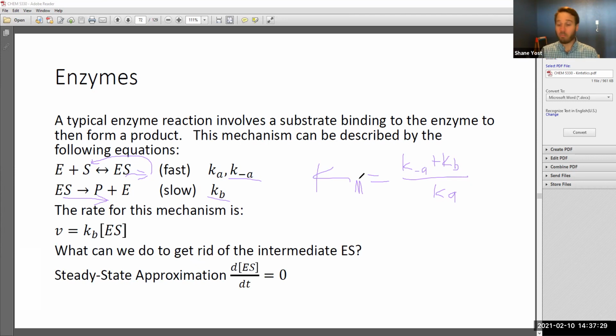And likely it gets kicked off as substrate, not necessarily as product, but maybe it's an extremely fast reaction, and you kick it off as product very, very quickly. But so the smaller Km, the more strongly bound your substrate is. The larger Km, the more weakly bound that substrate ends up being.